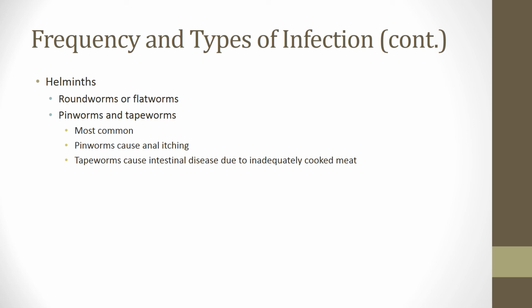Pinworms or tapeworms are the most common helminths in this country, and pinworms usually cause anal itching, and tapeworms may cause certain symptoms such as pain, diarrhea, and usually they come from inadequately cooked meat, especially hamburgers. So the good rule of thumb is to have the hamburgers well done.